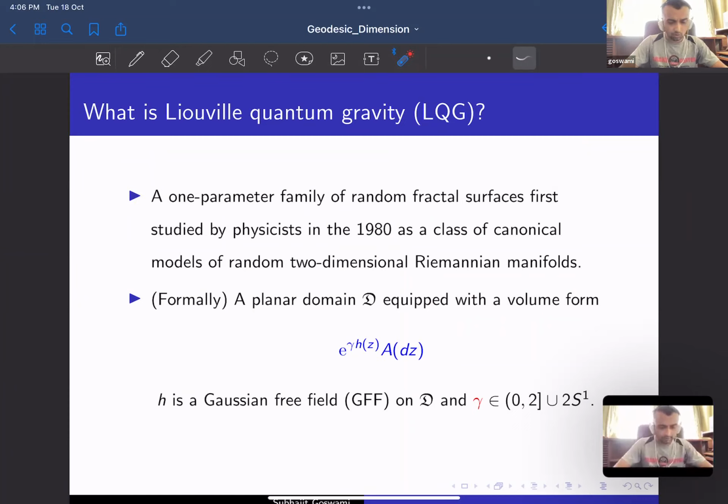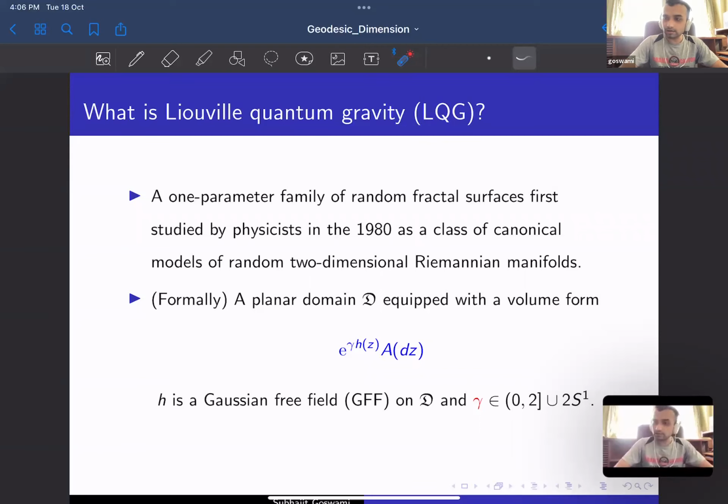They were first studied by physicists. I think the earliest work dates back to a very celebrated paper by Polyakov in 1981, called Quantum Geometry of Bosonic Strings, as a class of canonical models of random two-dimensional Riemannian manifolds.